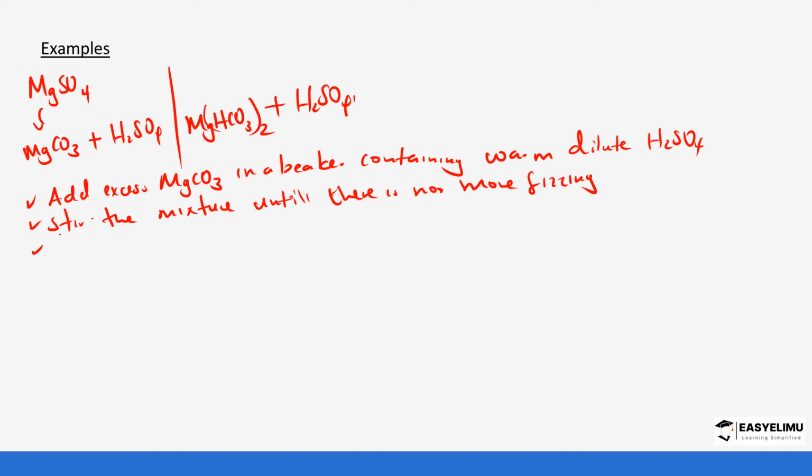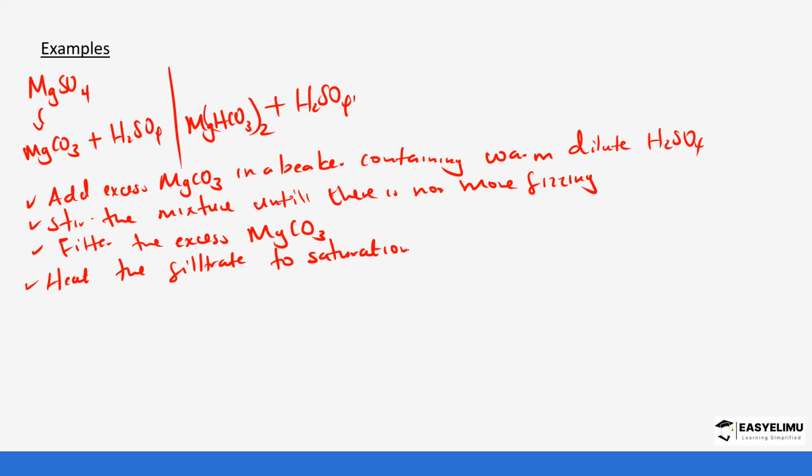And then next, you filter the excess magnesium carbonate or magnesium hydrogen carbonate, and then heat the filtrate to saturation and allow it to cool to form crystals.